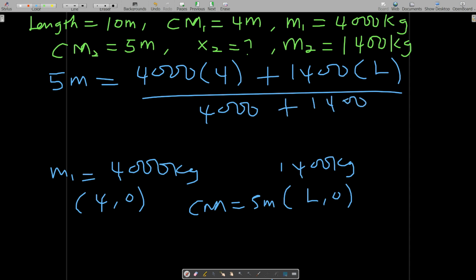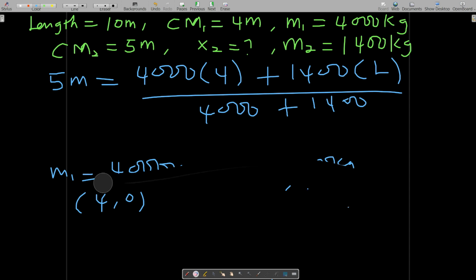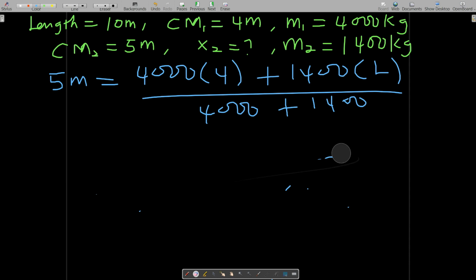Now with this equation set, let's analyze something. So 5 times, when you add the denominator, 4,000 plus 1,400, I'm supposed to get 5,400.